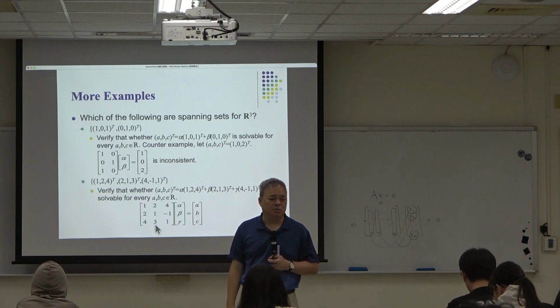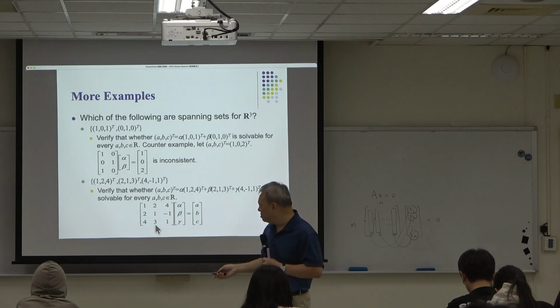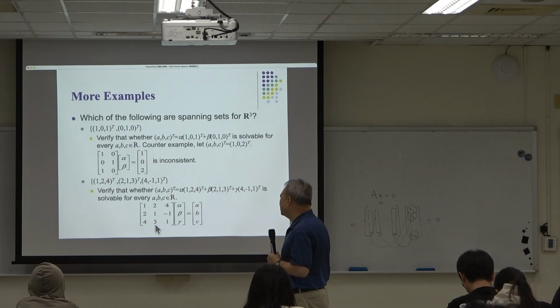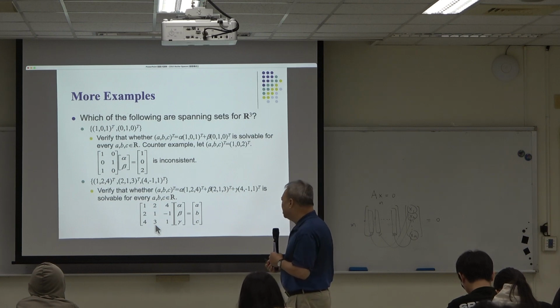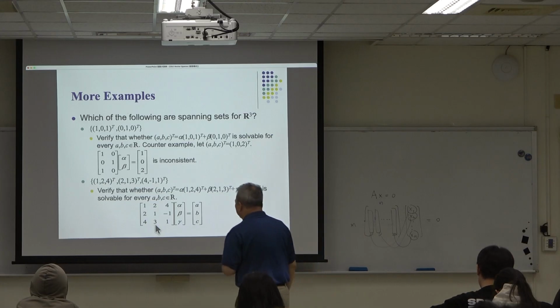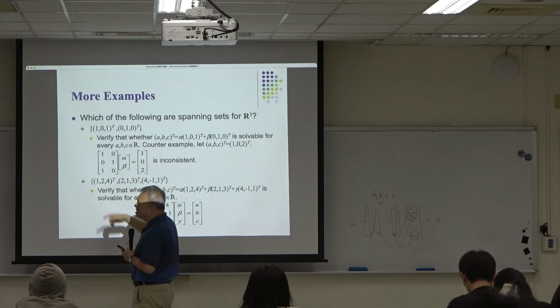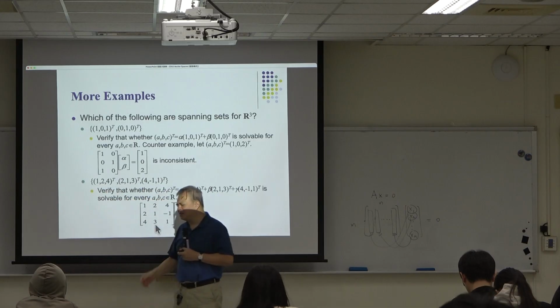In the previous case we could do it because the matrix is a square matrix. This one we cannot directly solve; we have to have a particular vector on the right-hand side. This has no inverse because it's not square.